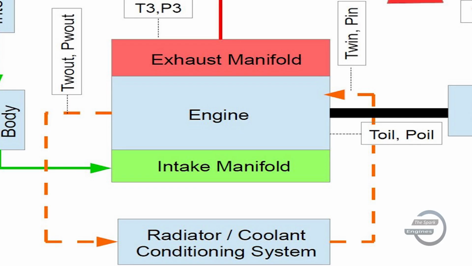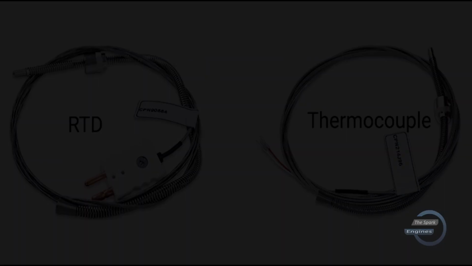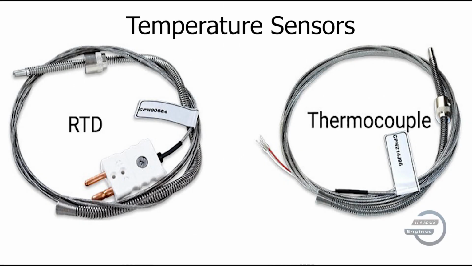Now, after learning about various nomenclatures of temperature and pressure sensors, it's time to learn about the various types of sensors and where to use them. Starting with temperature sensors, there are two types of temperature sensors which are used in an engine test bed.